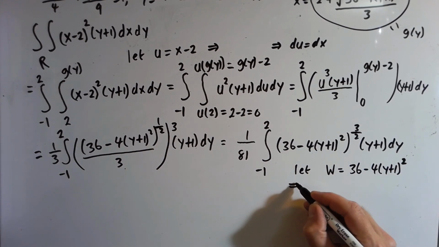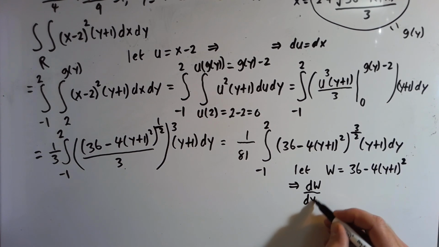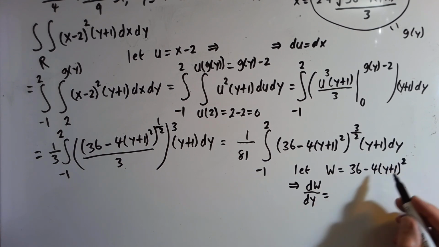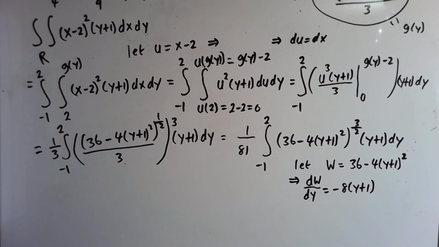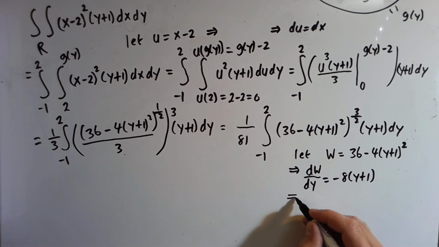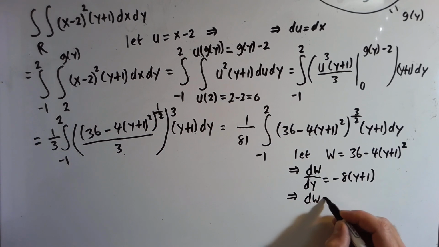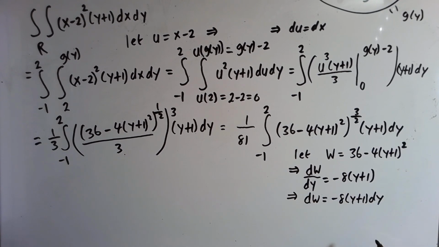So then dw/dy, using the chain rule, will be minus 8(y plus 1). Okay, so then I can solve for dw, so it'd be minus 8(y plus 1) dy, then solve for dy. So dy then will be dw over negative 8(y plus 1).